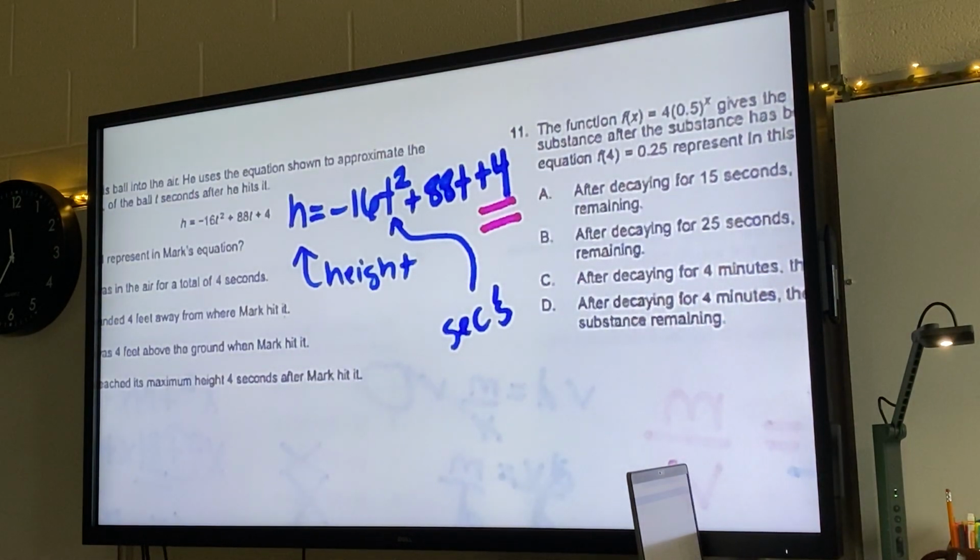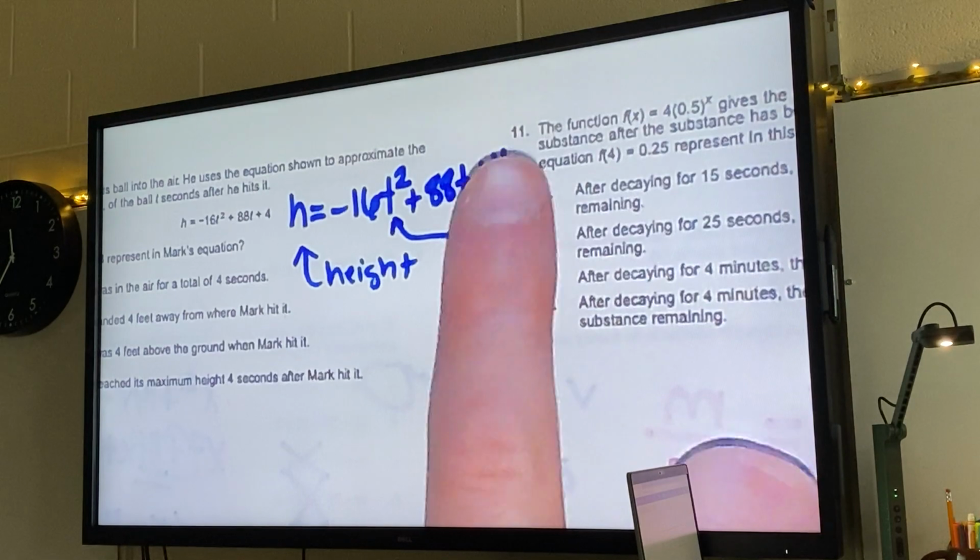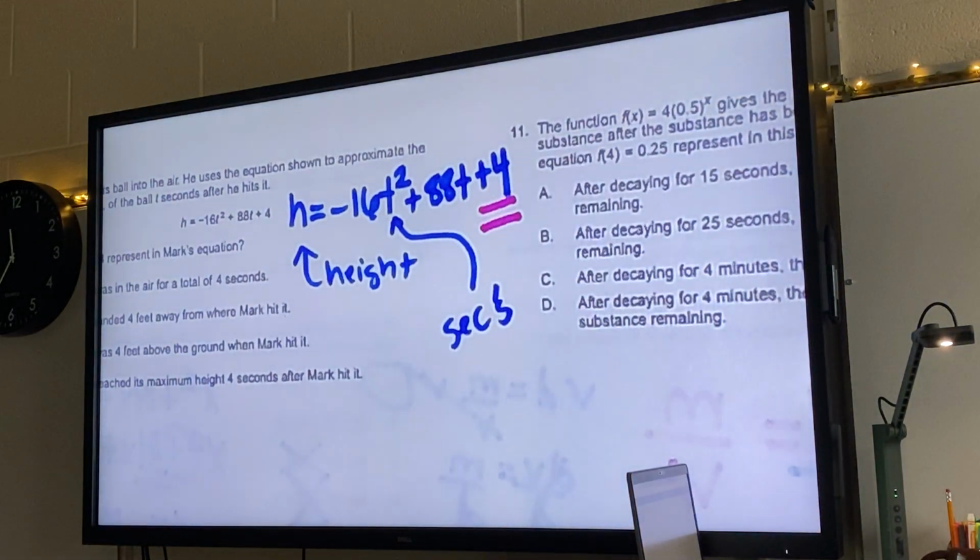So the equation, when you plug in a time, tells you how high the ball is in the air. The plus 4, the constant at the end of the equation, represents what part of the graph? The y-intercept.